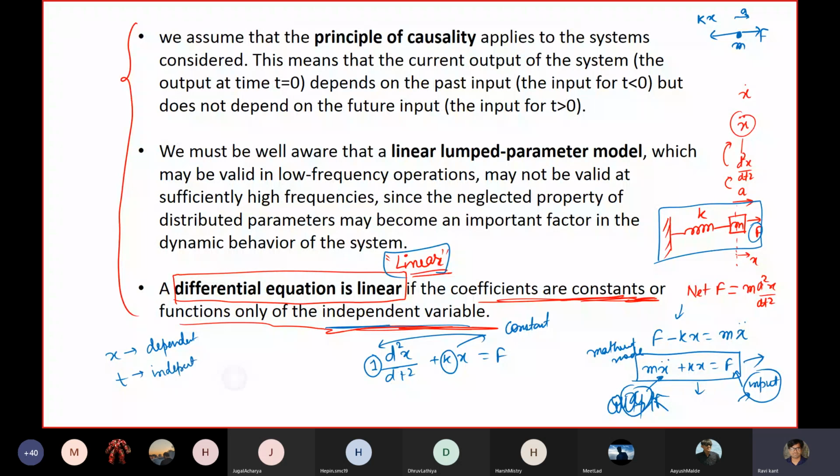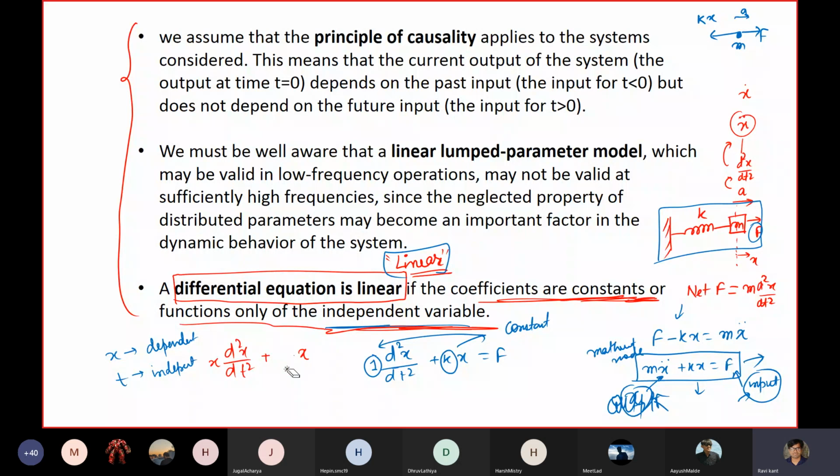If the equation had been something like this, in some other real physical scenario, d2x by dt square plus 2x times x, or you could have multiplied x over here also, x times d2x by dt square.